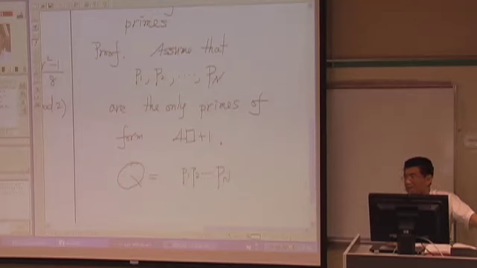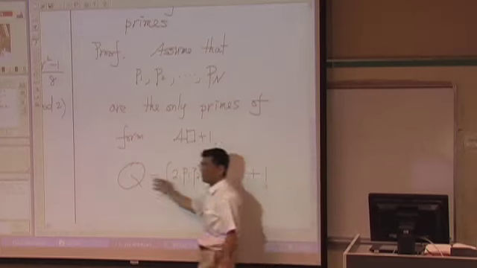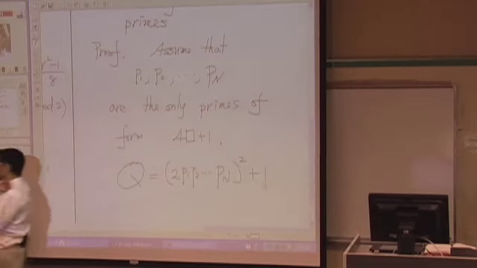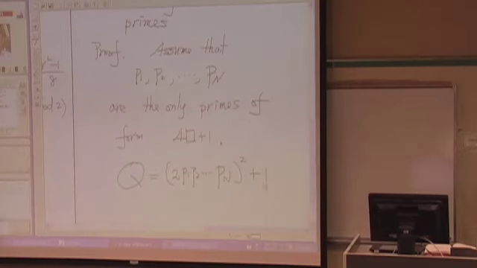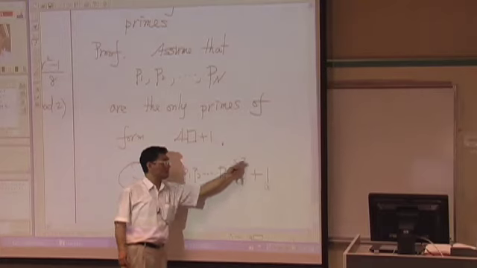How can I make this pattern? Oh, I will multiply by 2 and then square. Or I can pull this out, then 4 times this, plus 1. So consider this number, Q. Q is the product of all primes of the form here, multiplied and then squared with 2.